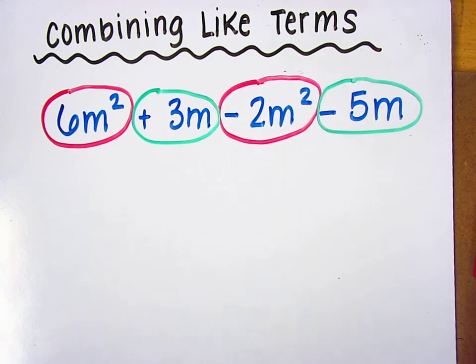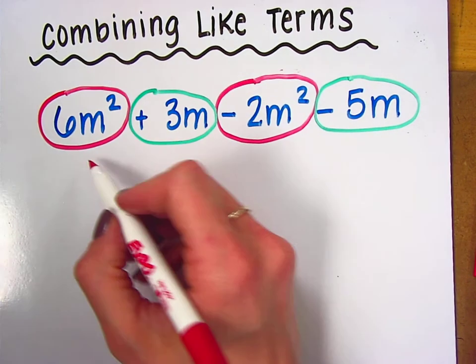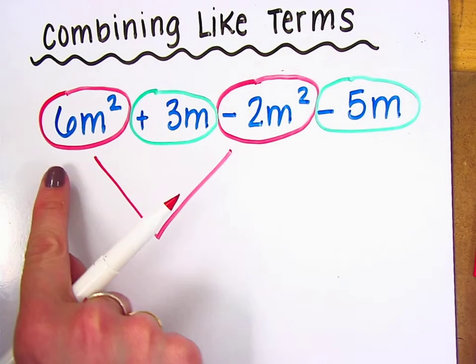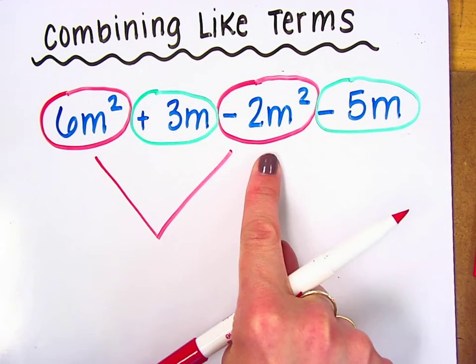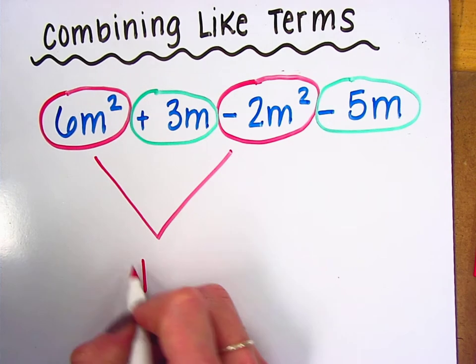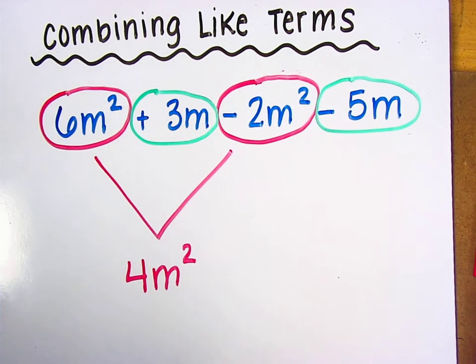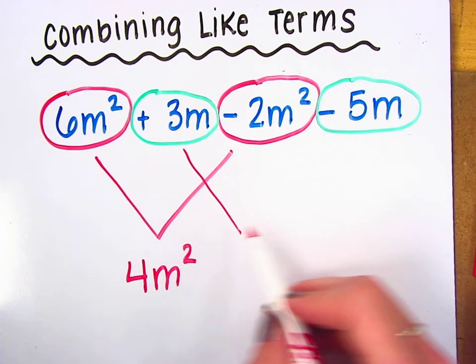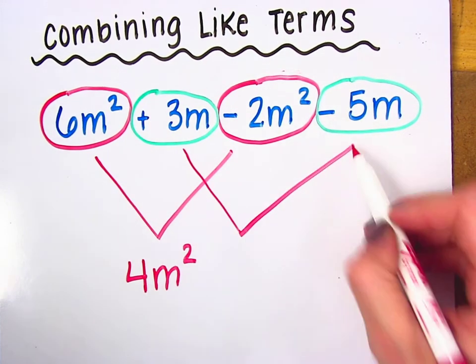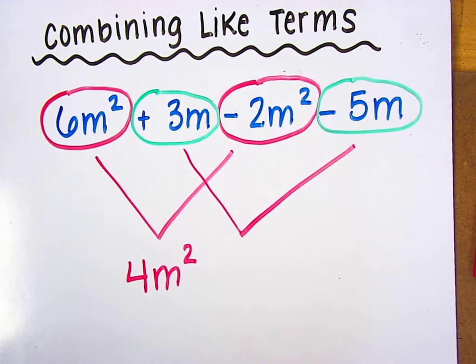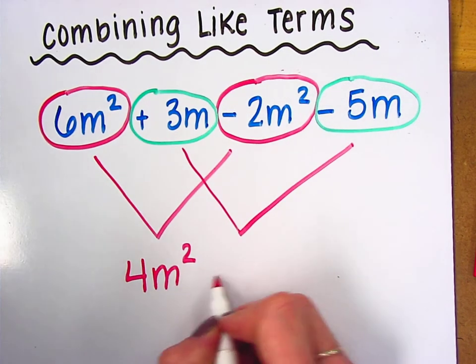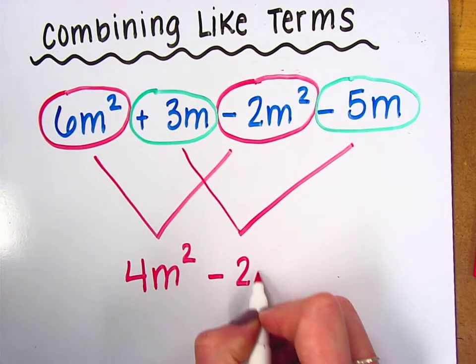There's nothing left out. Now we'll combine our reds. So if I have 6m squared and take away 2m squared, I'm left with 4m squared. If I combine my positive 3m and my negative 5m, or take away 5m, I'm left with negative 2m.